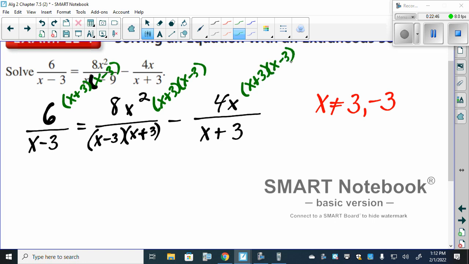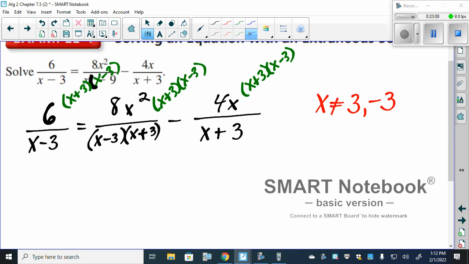And each one, the x plus 3 and x minus 3, appears only once in each denominator. I mean, the middle one, we have one of each, but we don't have any of the denominators that have x plus 3 more than once, or x minus 3 more than once. So when we multiply, we only need each of them once.